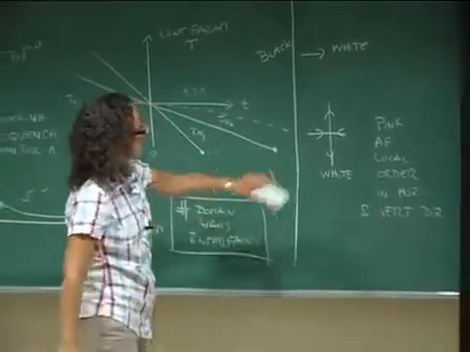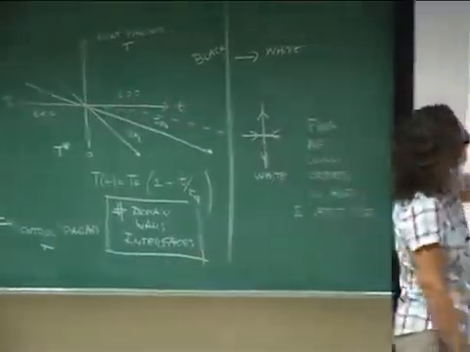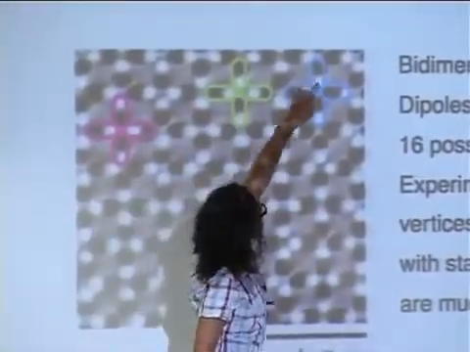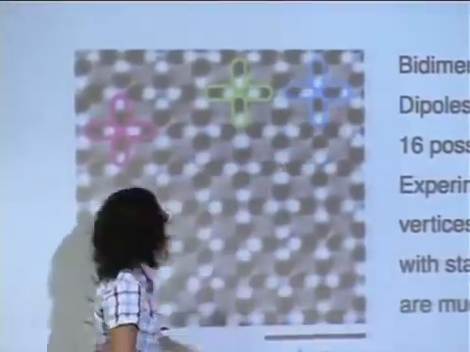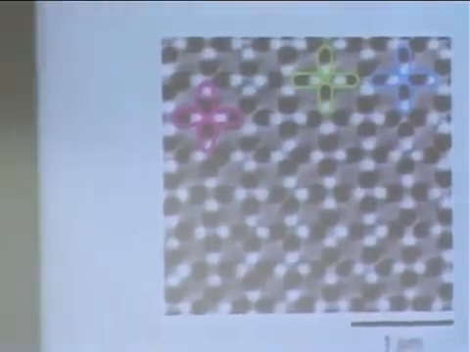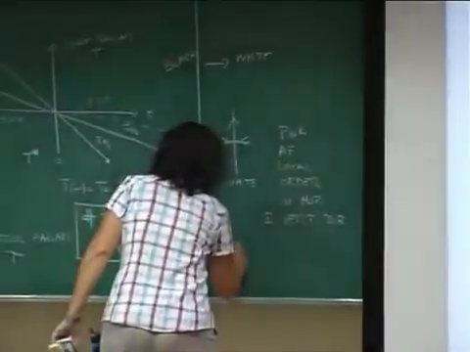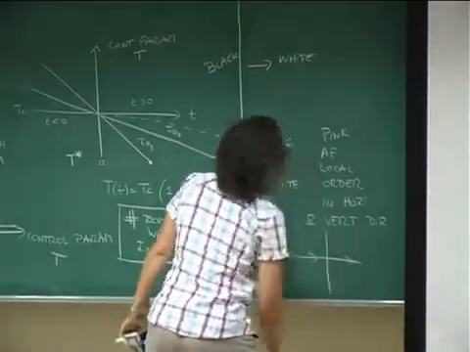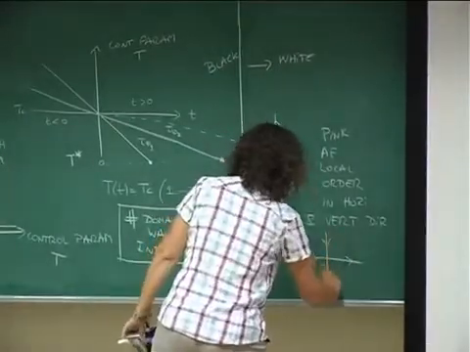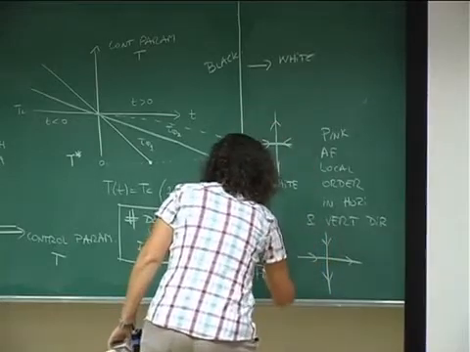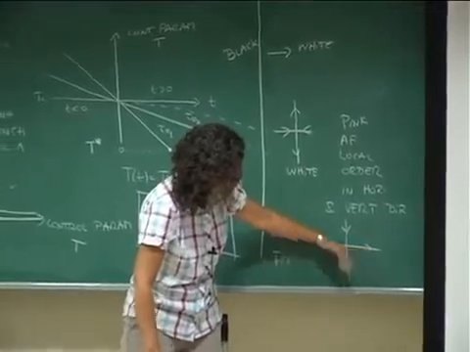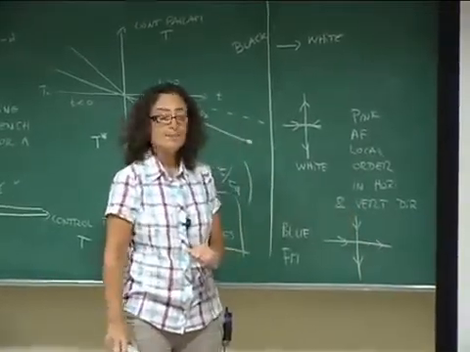So this is for the pink. This one is 3 in, 1 out, and this is 2 in, 2 out. So that's the blue, it is 2 like this and 2 like this. So it's like a ferromagnetic vertex in the sense that they're oriented in the same direction horizontally and vertically.